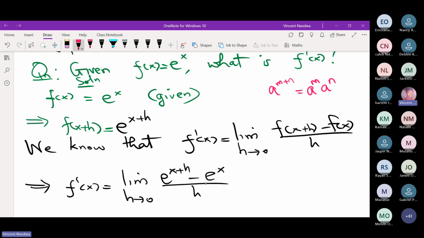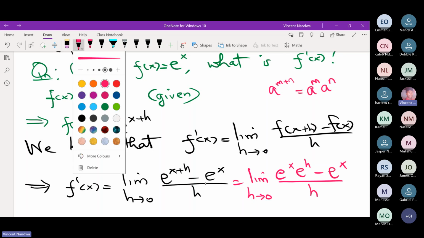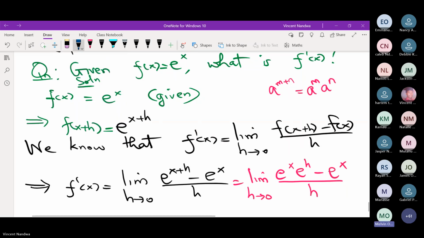This exponential also obeys the same laws of exponents as we did in Form 2. So this will be the limit as h approaches 0 of e power x times e power h minus e power x divided by h. We have not performed miracles to that expression. It's exactly the same. The only thing we are doing is applying the law of indices.